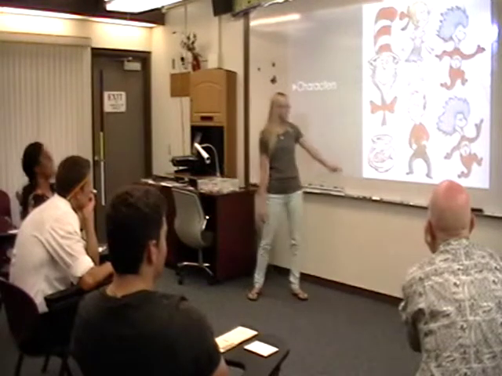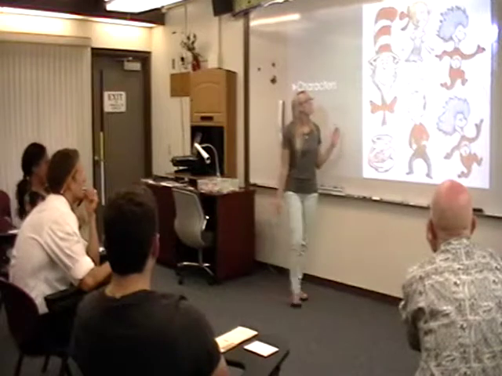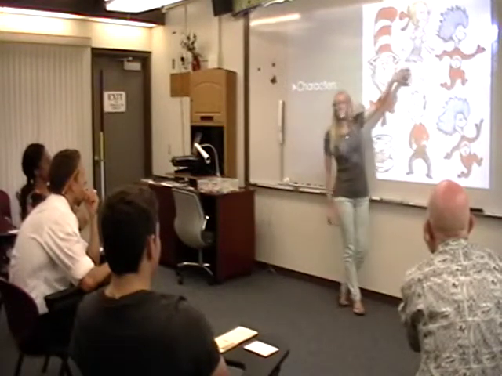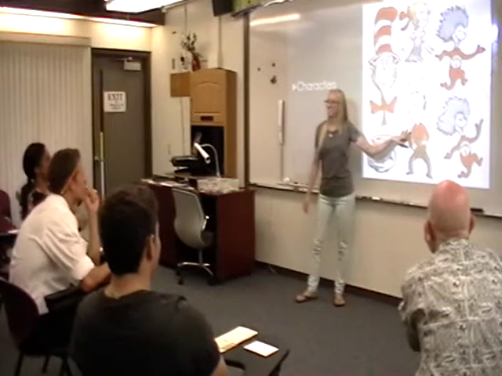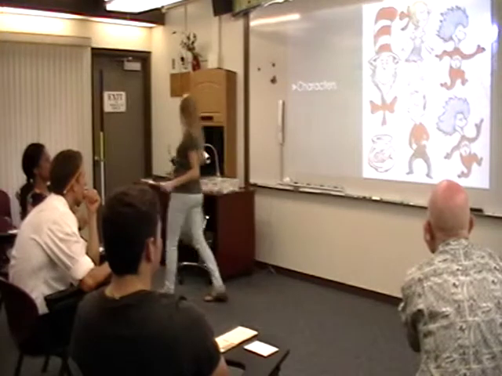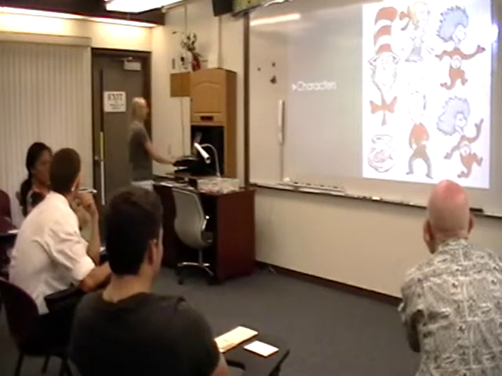Fish. The fish in the dish. He's the fun one. Jonah? That's the Grinch. This is Sally. And I don't know if we ever find out his name. Anyway, so that would be examples of characters.